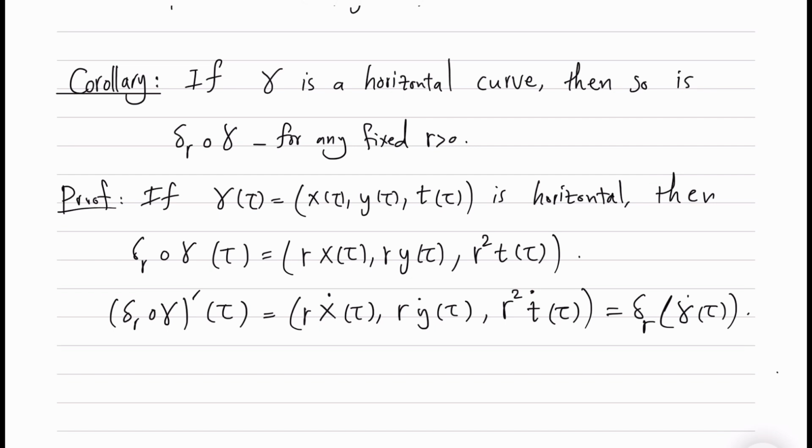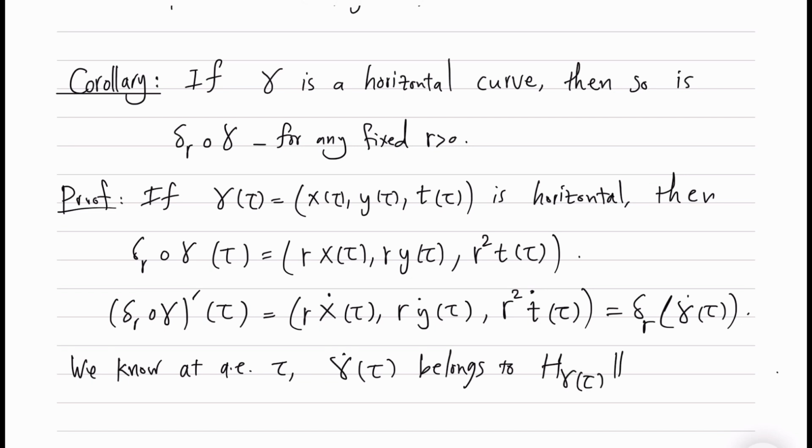Okay, now we know that almost everywhere, to be precise, at almost every tau, gamma prime of tau belongs to the horizontal plane at gamma of tau. That's the notation for horizontal plane at a point, HP, H1.